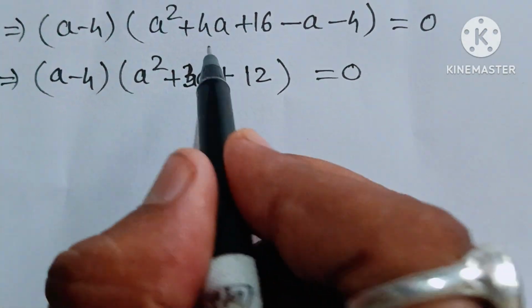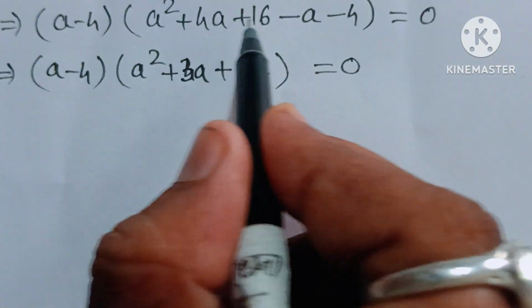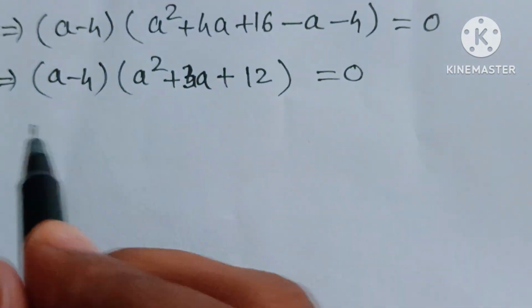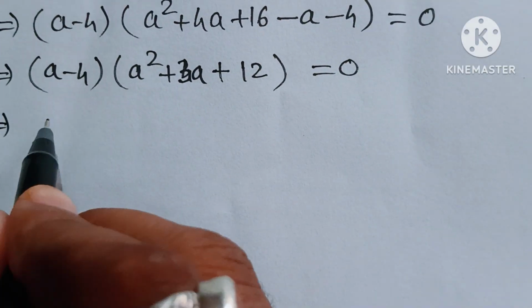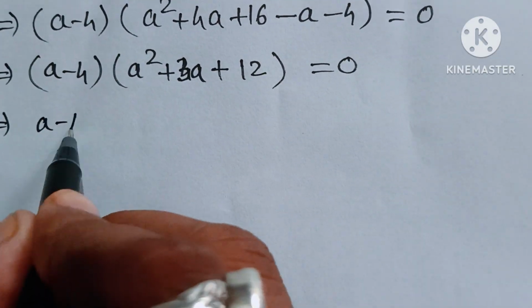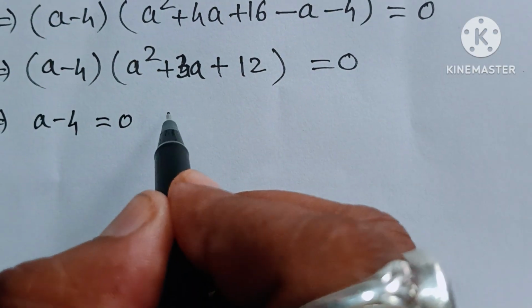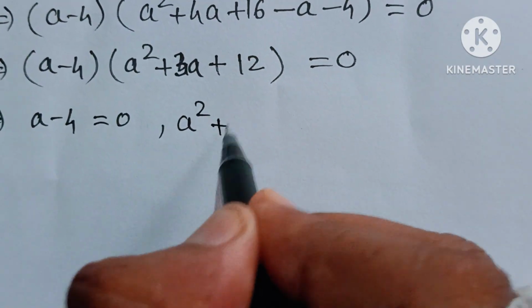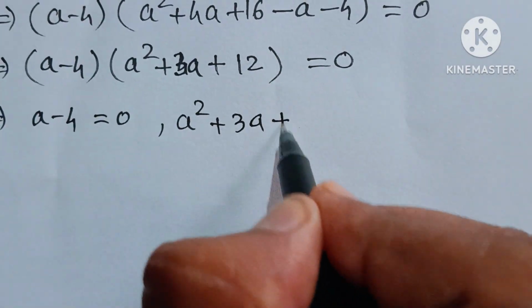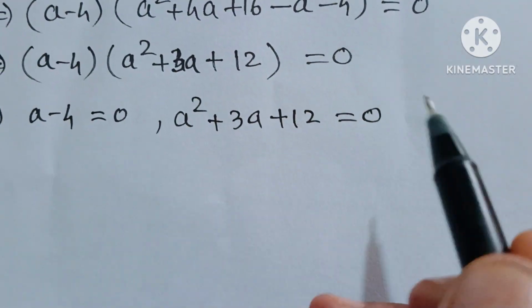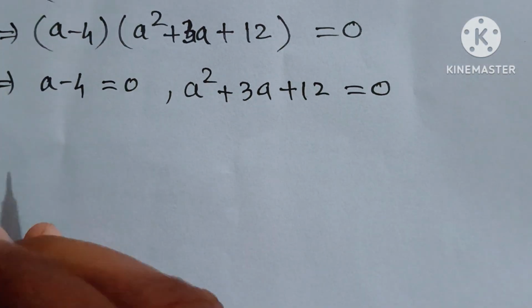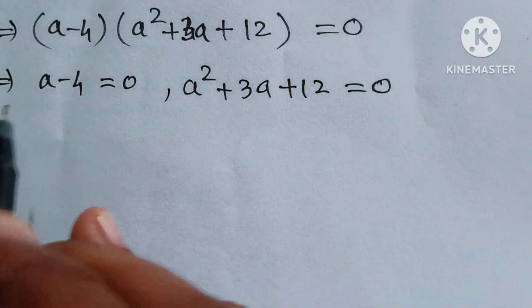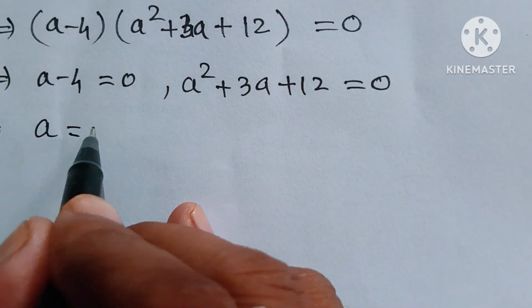Now 4a − 1a is 3a, 16 − 4 is 12. Now here a − 4 = 0 and a² + 3a + 12 = 0. Now here a = 4.